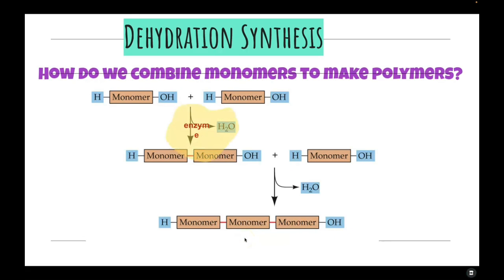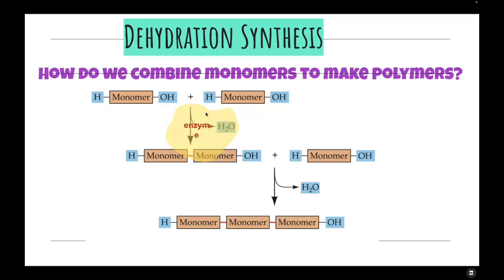And so what do you need for dehydration synthesis? You need 2 monomers approaching each other. And you're going to need something called an enzyme in order to facilitate the reaction by lowering the activation energy. It means that you're going to need less energy for the reaction to occur. So it's going to facilitate it.